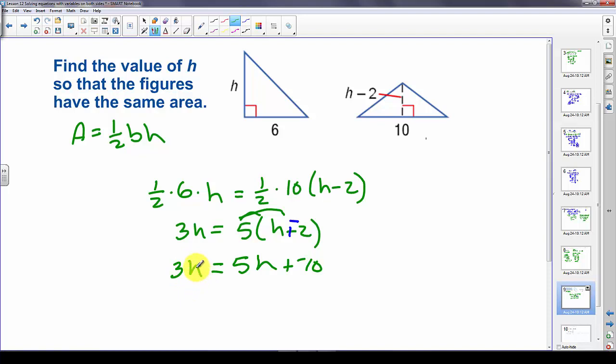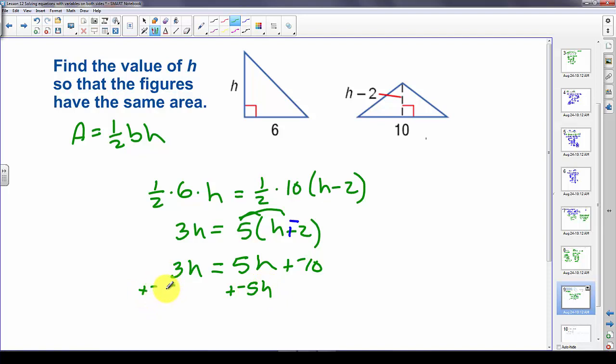And that's equal to 3h. Now, in this case, if I want to keep my h terms positive, I have to bring the 3h over. Now, let's just do something a little bit different this time, because I don't want to have nothing on one side of the equation. I want to keep it constant. So I'm going to add negative 5h to both sides, or break my rule a little bit.